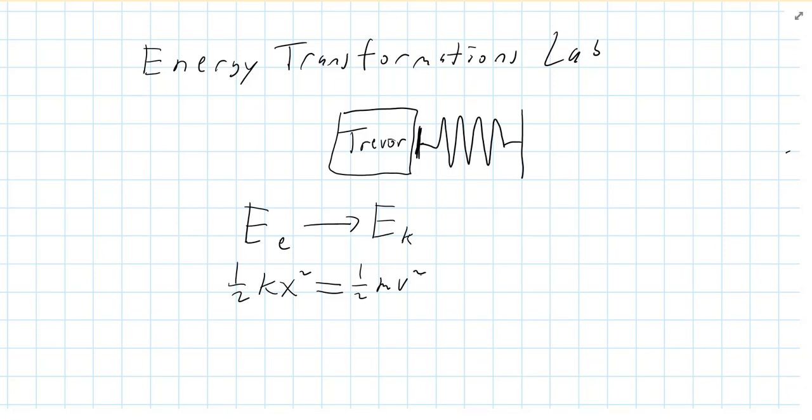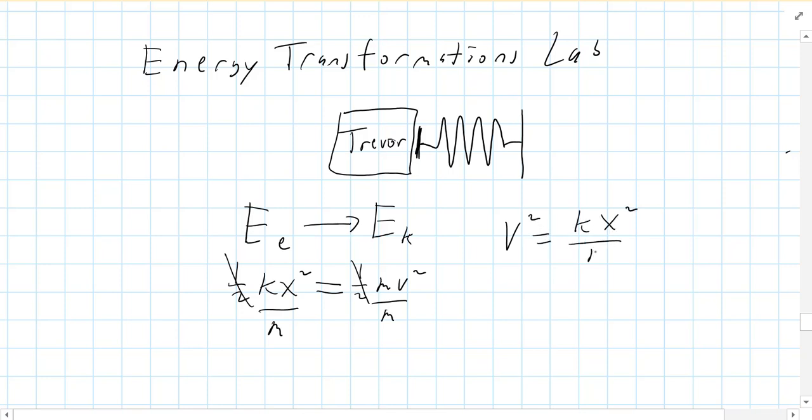Okay. Now, in the lab, you were graphing velocity versus something each time. So what we're going to do is take this equation and solve it for velocity, get velocity by itself. Well, first of all, I can cancel the halves out because there's a half on each side. And then I'm going to divide both sides by m, okay? And when I do that, I get v squared equals k x squared over m. And then to get v by itself, I've got to square root it because right now it's v squared.